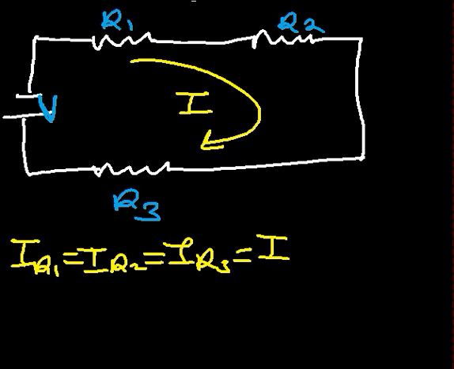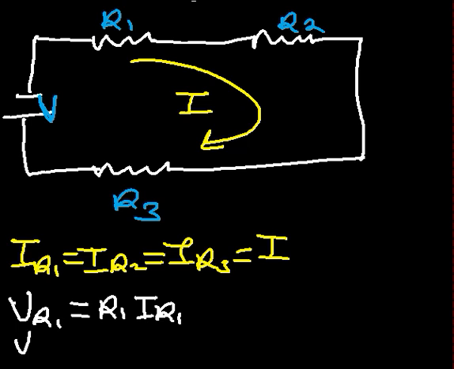Now only voltage is what is being shared, in the sense that the voltage across resistor R1, according to Ohm's law, we can have as R1 times the current across resistor 1, which is given as I1.